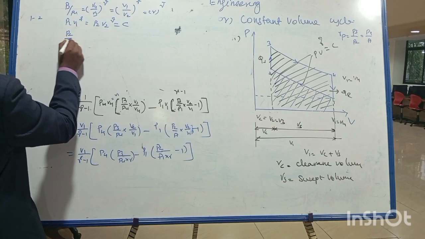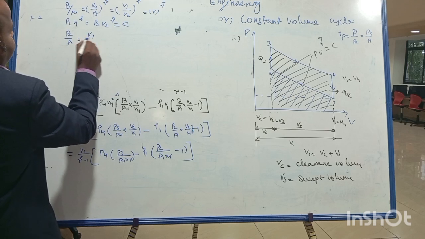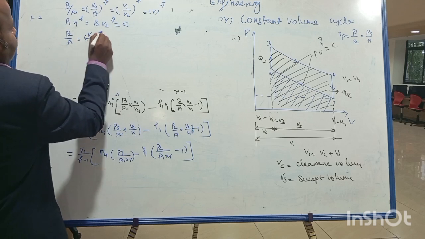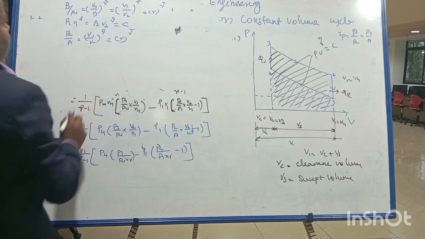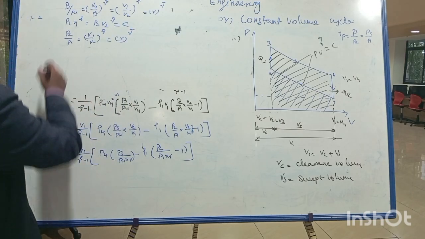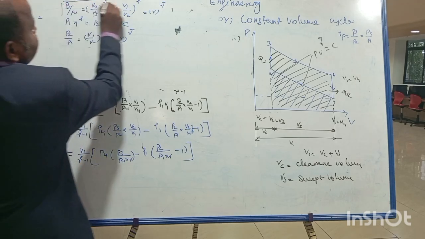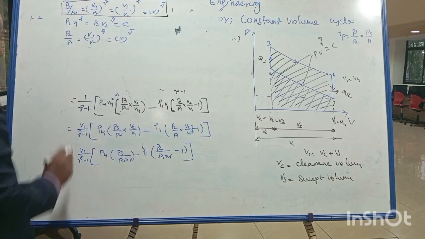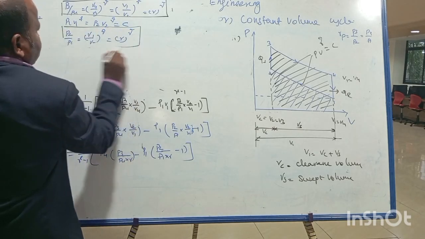P2 by P1 should be equal to V1 by V2 power gamma. This V1 by V2 is nothing but R power gamma. So here I am going to replace this P3 by P4 as R power gamma. Similarly, P2 by P1 as again R power gamma.